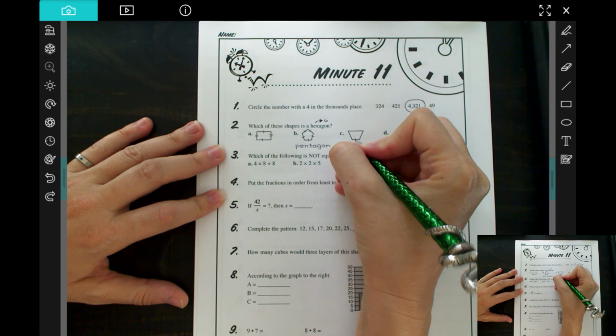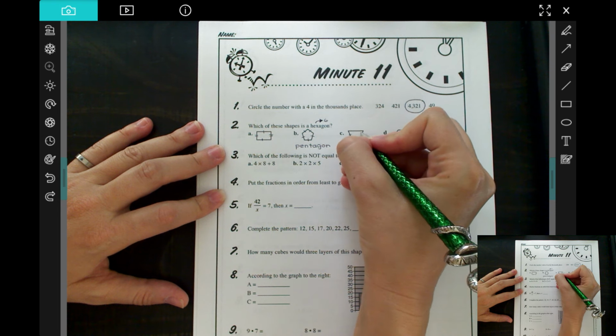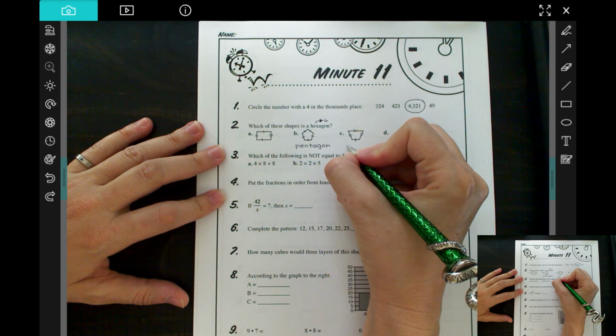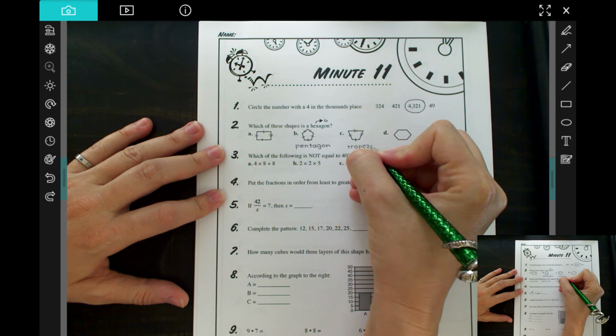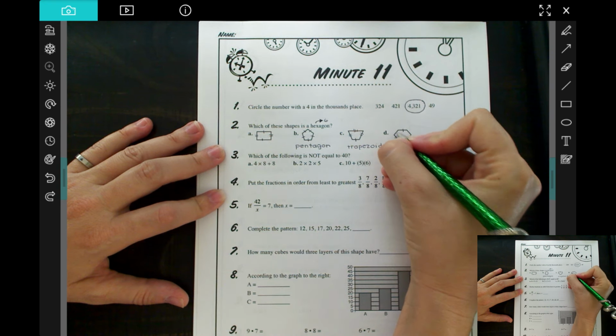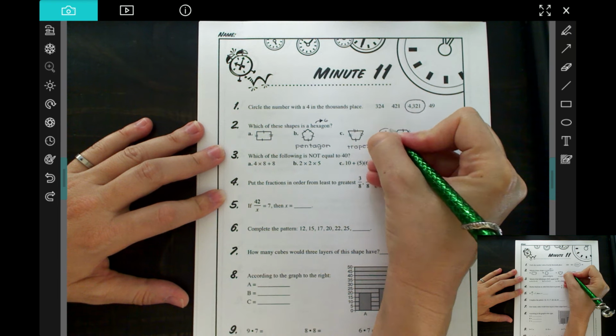Here I have 1, 2, 3, 4. This is a trapezoid, but it's also quadrilateral. And then last but not least, I've got 1, 2, 3, 4, 5, 6. My hexagon is this one right here.